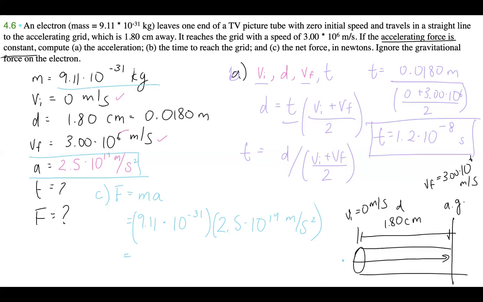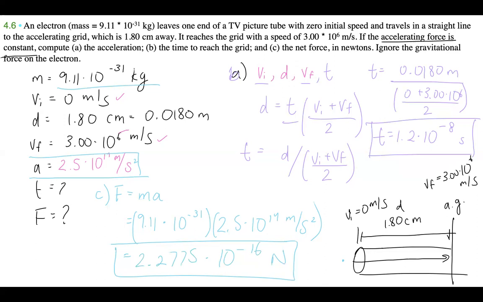All right, so our force is 2.2775 times 10 to the negative 16 newtons. I'm just going to triple check one more time because I hate getting things wrong. Okay, yeah, that looks right.